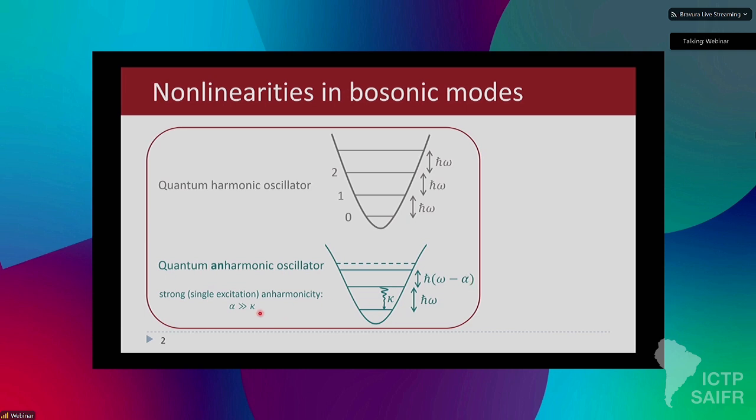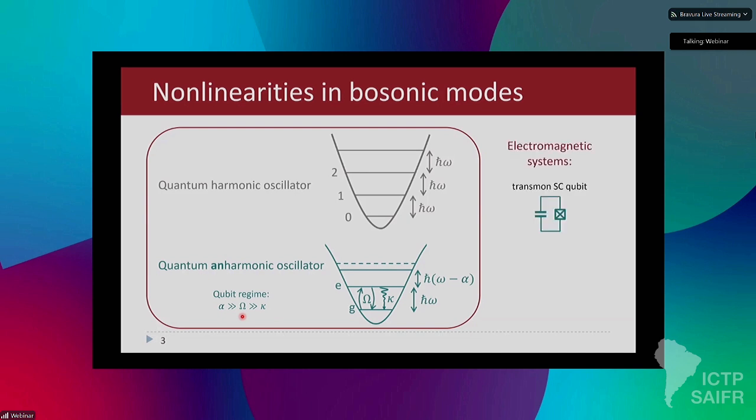Now when we get to a regime where this alpha is much larger than the dissipation rates in our system, this is what we call the single excitation strong anharmonicity regime. Furthermore, if in between these two frequency scales you can fit some quantum operations, such as the speed of Rabi oscillations, then you get to a regime that we call the qubit regime.